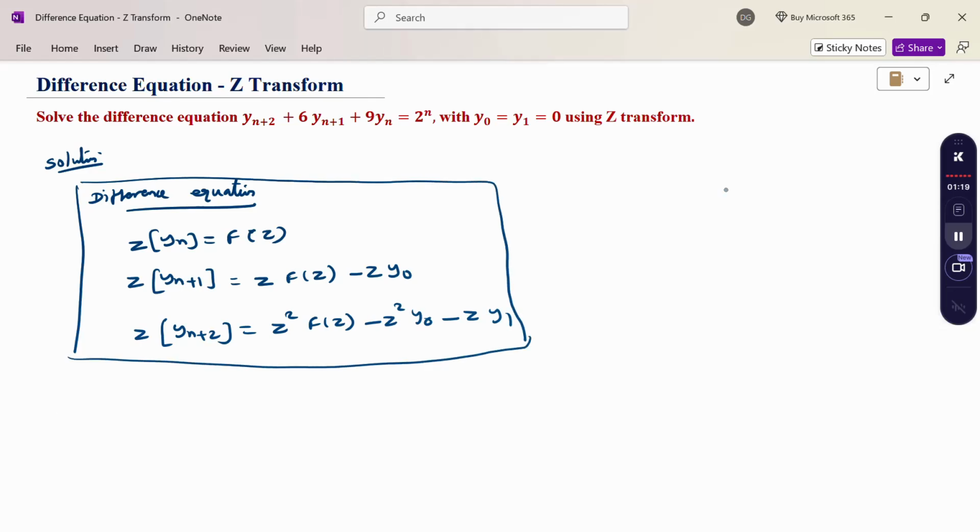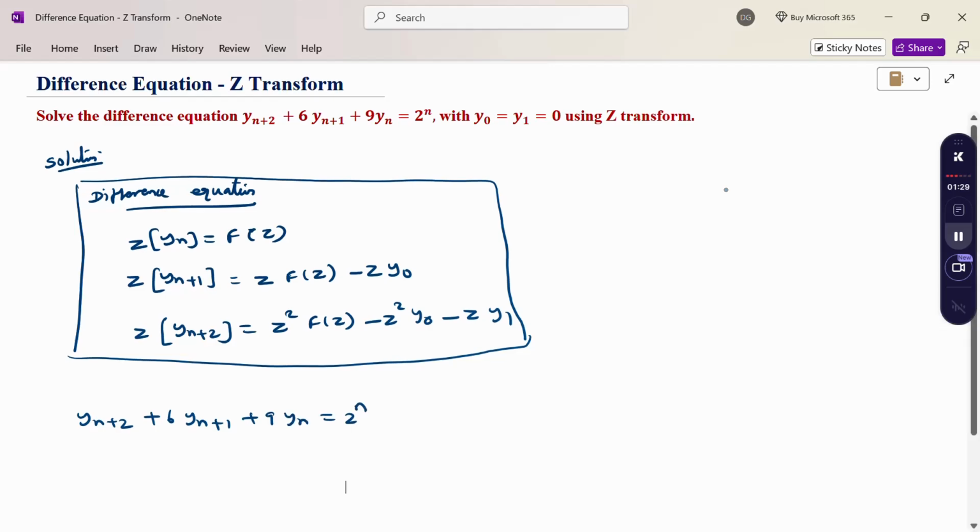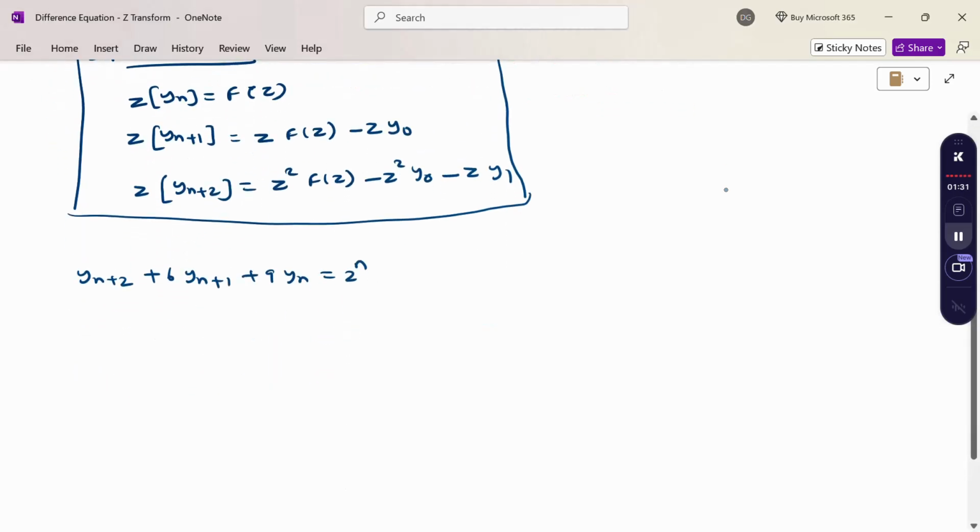Now first step, the given problem y(n+2) + 6 y(n+1) + 9 y(n) = 2^n.